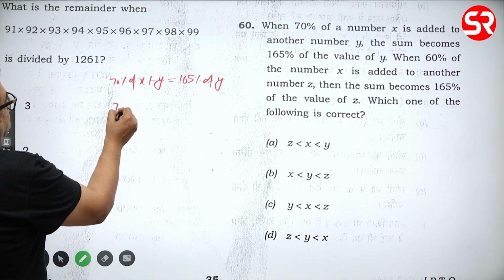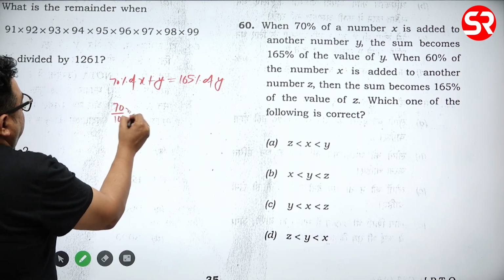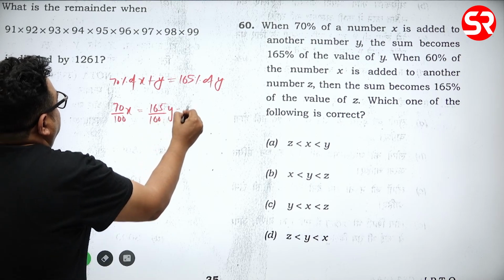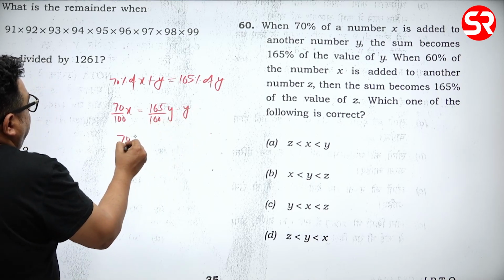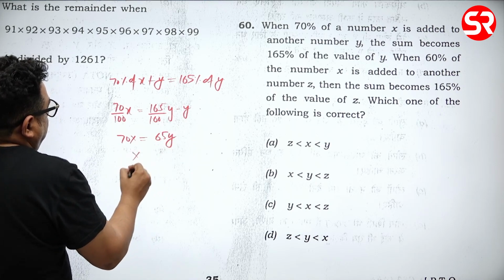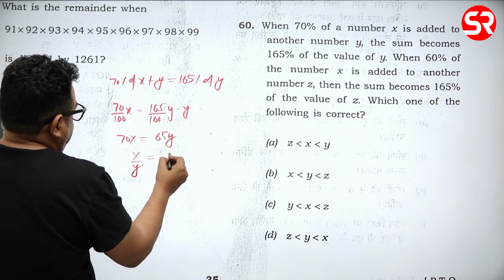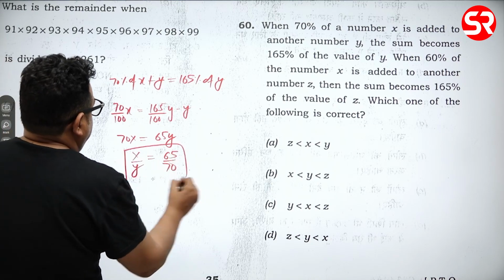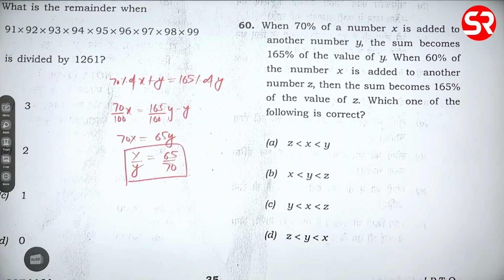Which means 70 upon 100 times x is equal to 165 upon 100 times y minus y, which means 70x is equal to 65y. Which means x upon y is equal to 65 by 70. Done. First ratio comes, x upon y.